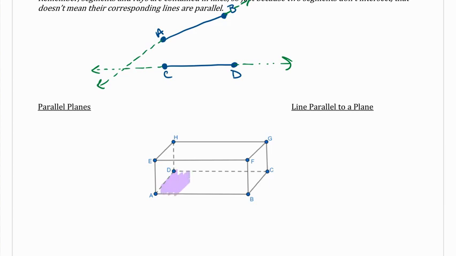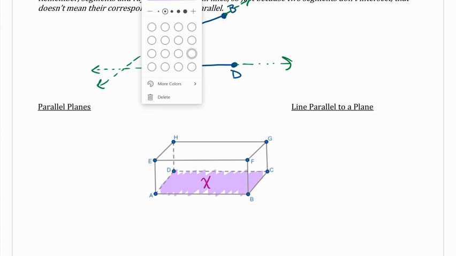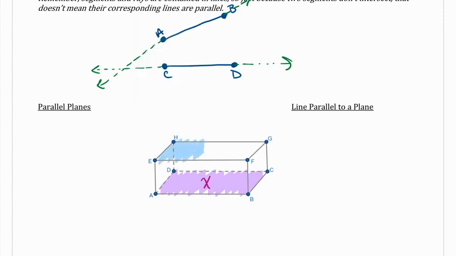I'm going to do the bottom of my rectangular prism here, and I'm going to call that plane X, and then color it in. Then the top of my rectangular prism up here, I'll call that plane Y. Make that a big Y though. Okay. Those two planes are parallel, right?